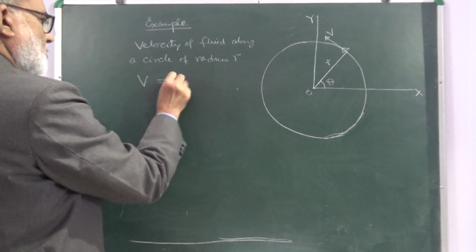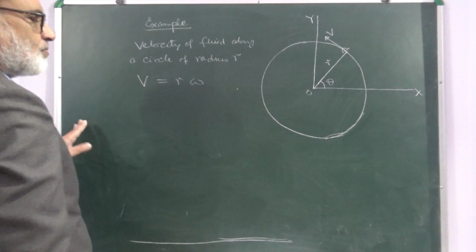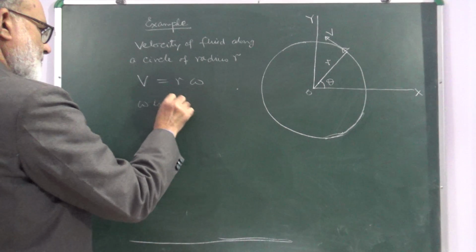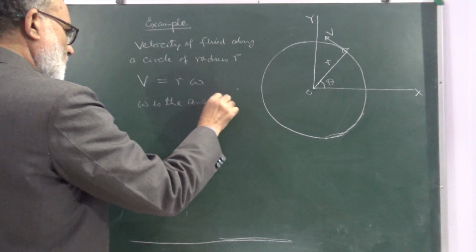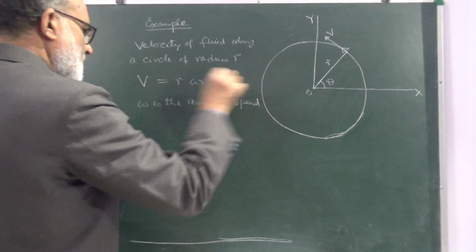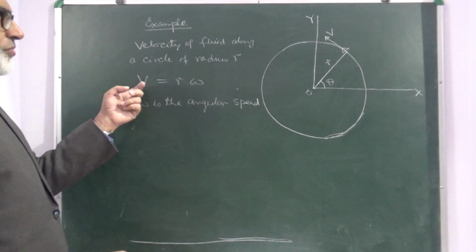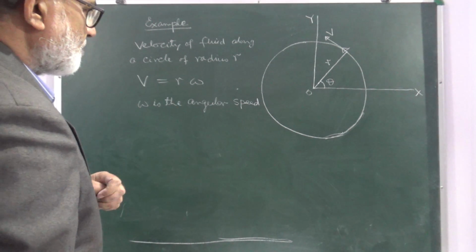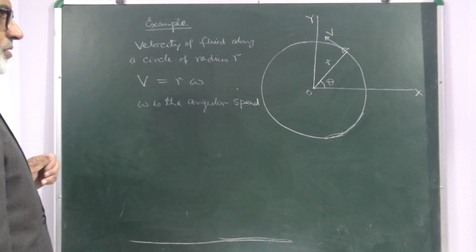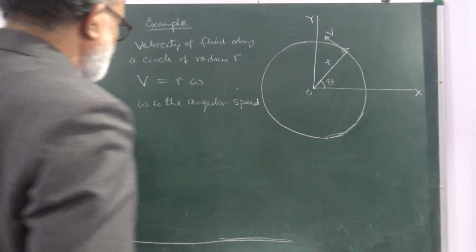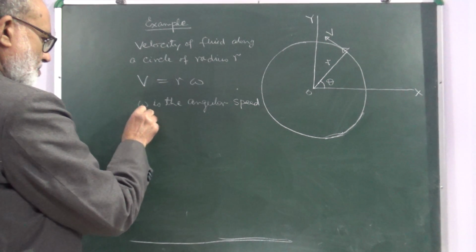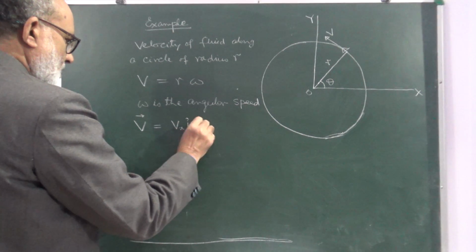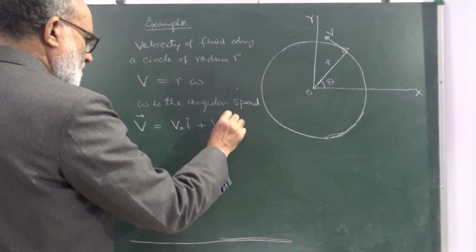So v is equal to r omega, where omega is the angular speed. The magnitude of the velocity will be equal to r times omega. Okay. Or if you take the x component and y component, v can be written as this. So v is equal to vx i plus vy j.